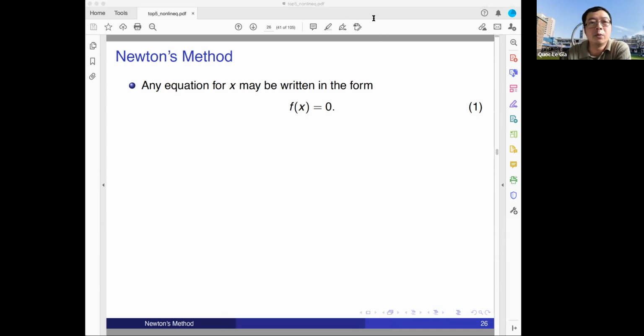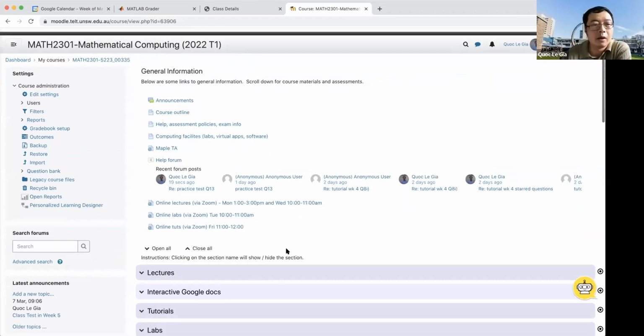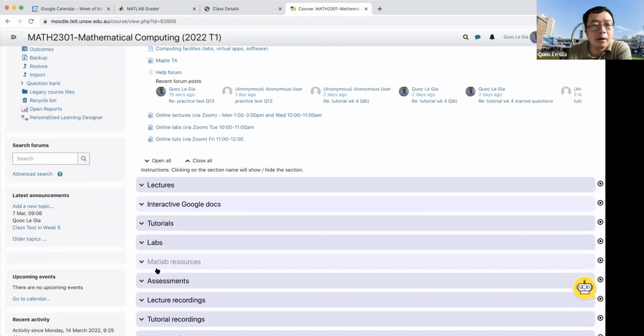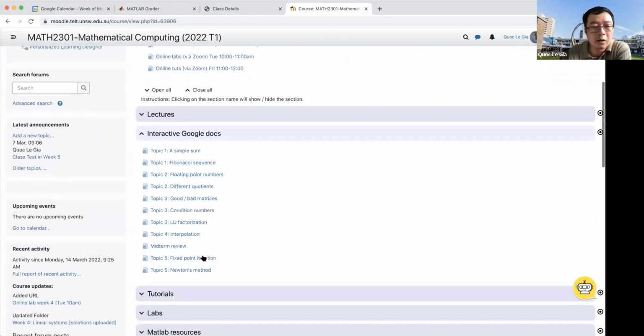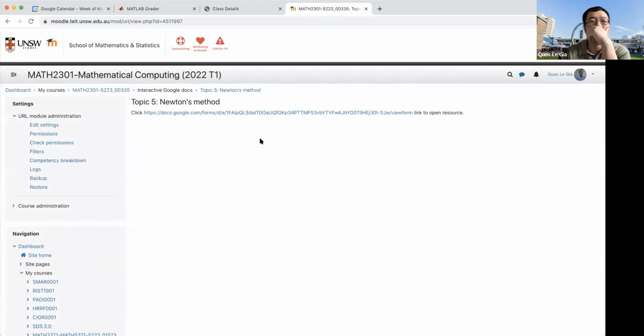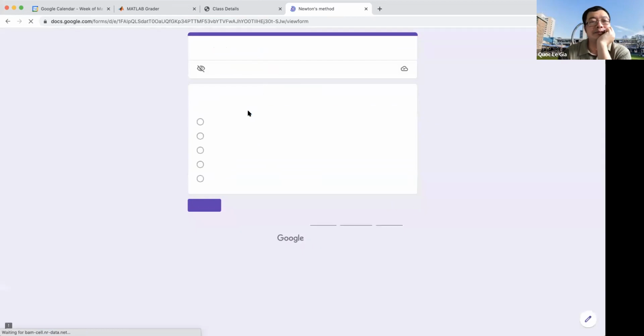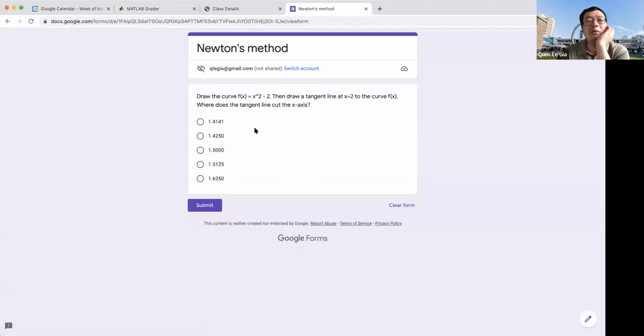Go to Moodle, and click on this interactive, where there's a Newton method activity.